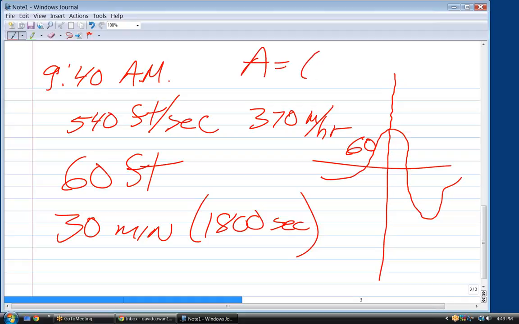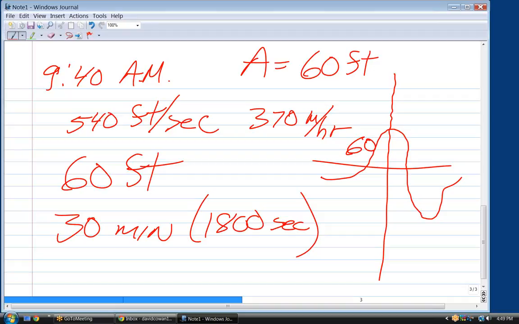Yeah, A would be 60 as long as we're in feet. Its speed. Wow, this is an interesting one. I'm not sure I've ever done one like this, where the peak travels.